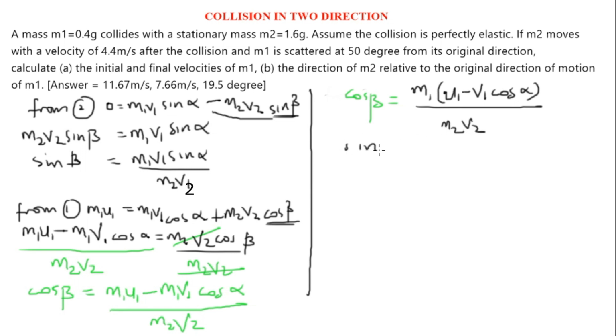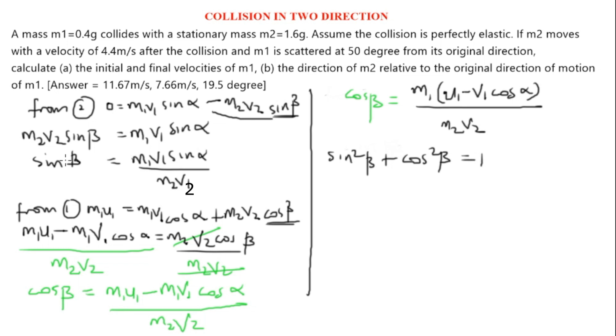So recall that sine squared beta plus cos squared beta is equal to 1.